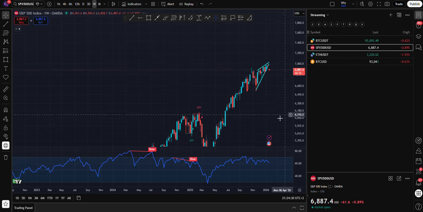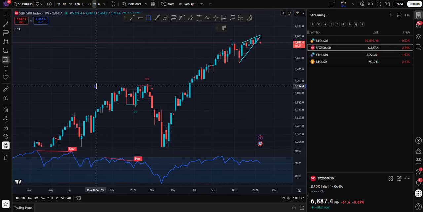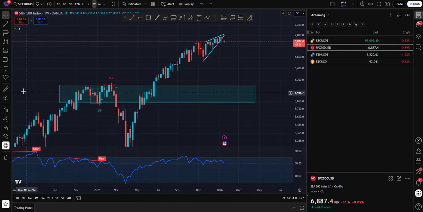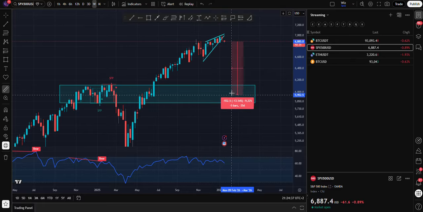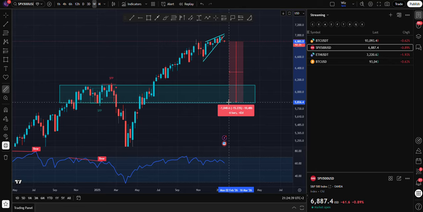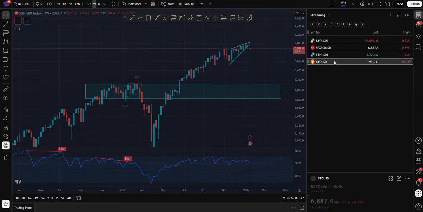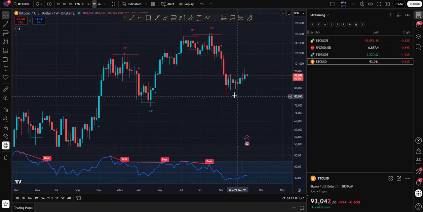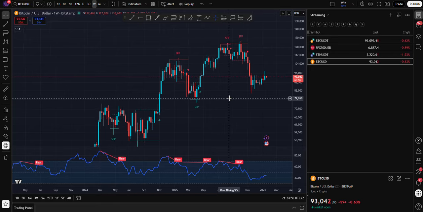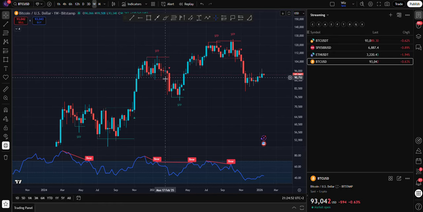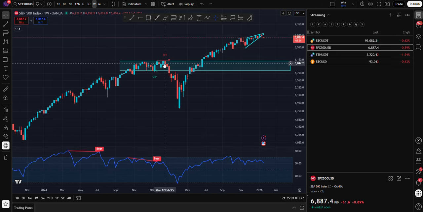But see, if this starts correcting, there is a lot of downside potential here. 10 to 15% easy. Imagine how crypto reacts to that. On the positive side, though, back in April, Bitcoin started the downtrend a lot earlier than the S&P 500 did.